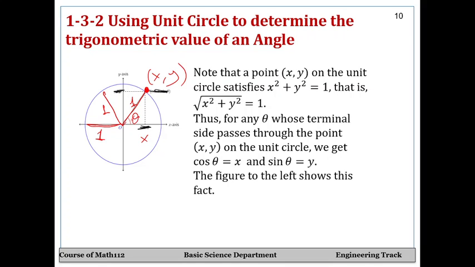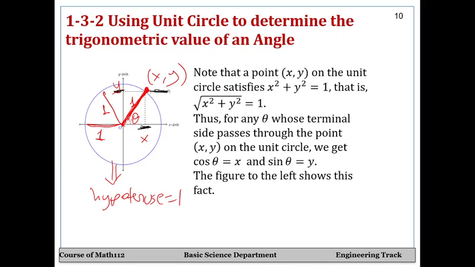Now what is the relation between x and y here? This is y, this is x, and the radius is 1, which means the distance from here to here is 1. So the hypotenuse is 1.